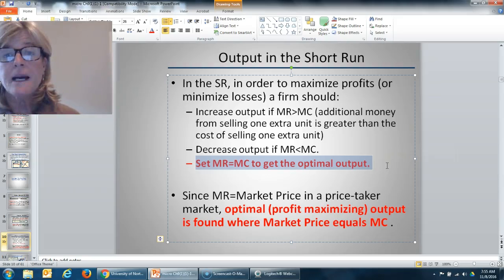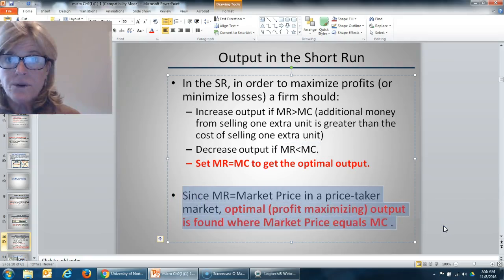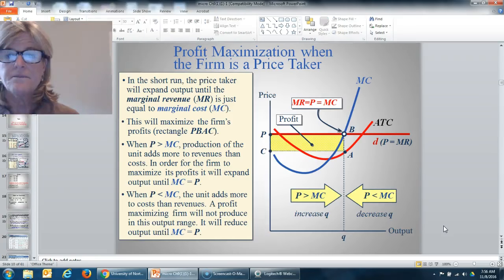If marginal revenue is less than marginal cost, decrease output. In the short run, the optimal profit maximizing output is found where market price is equal to marginal cost, because that's marginal revenue equal to marginal cost.